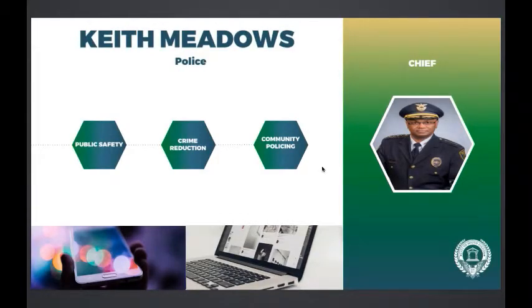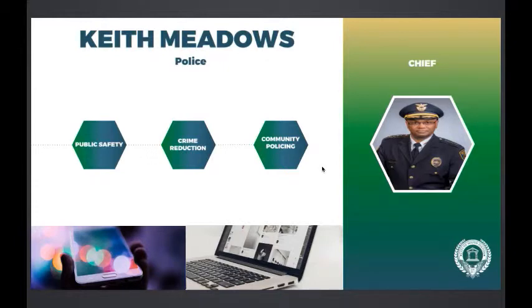And then we have our police department, which is led by our chief, Keith Meadows. Our police department is primarily responsible for, as with other police, ensuring the safety of our public, not only our residents, but also our visitors, as well as our businesses, to make sure that their property as well as their persons are maintained and kept safe.